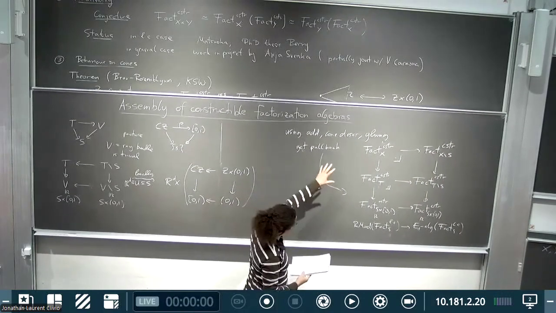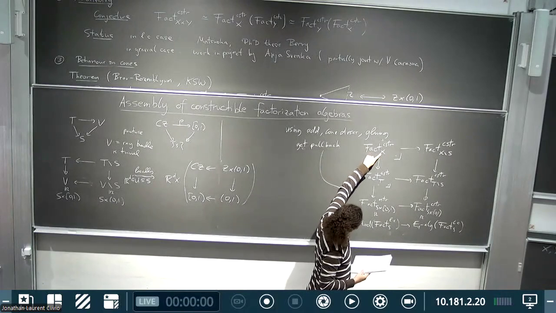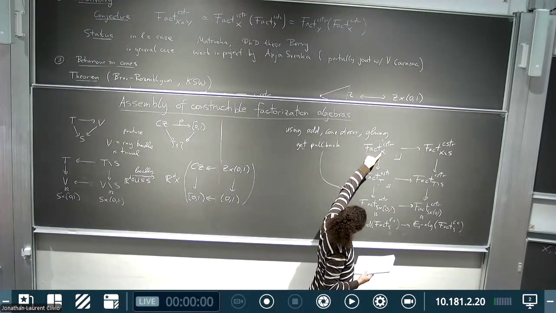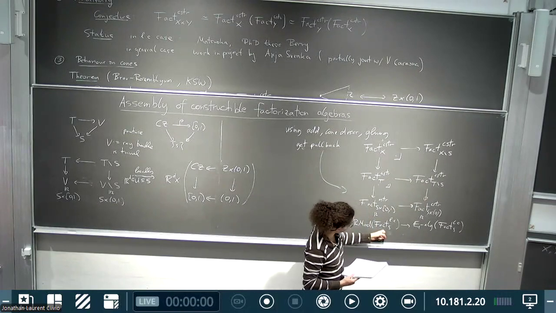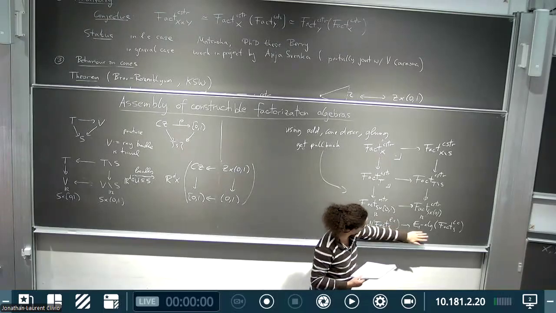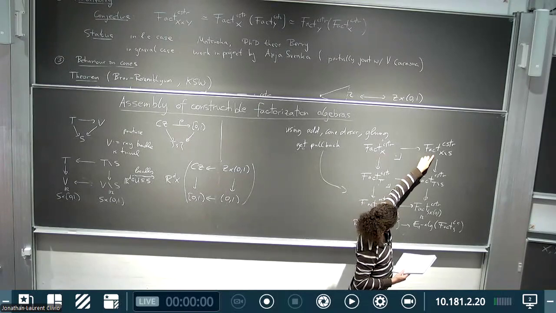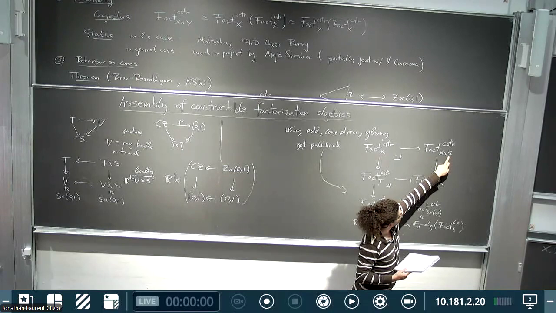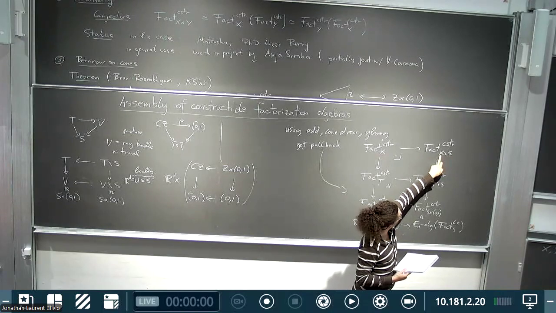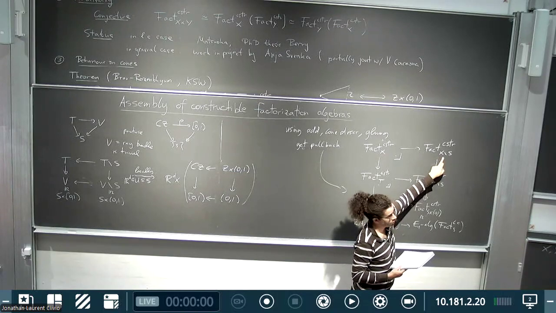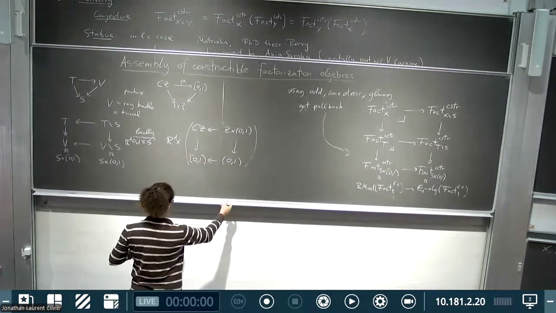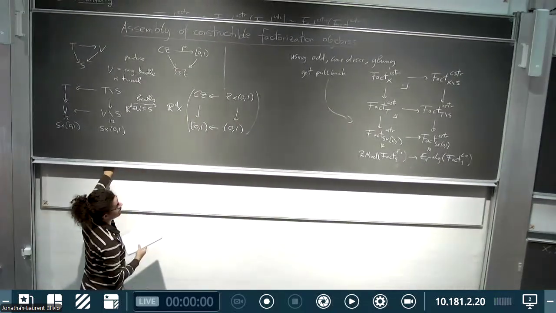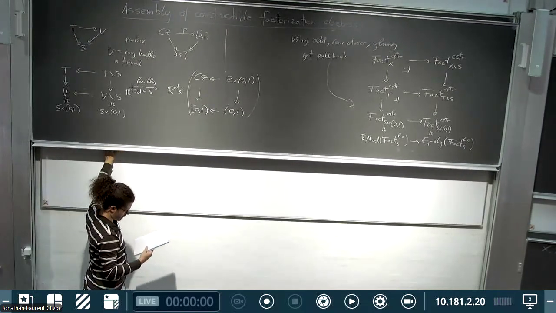And now, if you look at what we achieved, we started with our manifold, and we described it in terms of three pieces, where these and these are just algebras and modules in some category of factorization algebras of an ordinary manifold. So this is just a locally constant thing. And then this guy, we got rid of the lowest dimensional stratum. So if X had a lowest dimensional stratum of degree d, this new thing will have the lowest dimensional stratum of degree d plus 1. And so by iterating this procedure, you get the following picture.